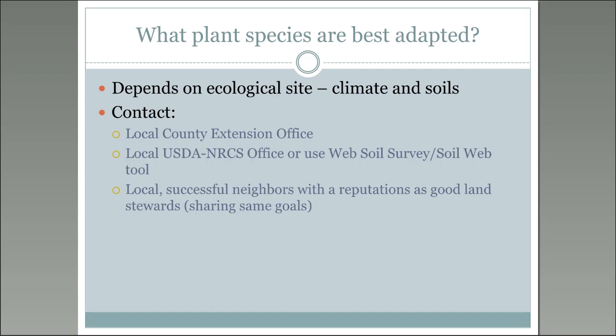Also, your local USDA NRCS office could help you, but they have that Web Soil Survey tool, or SoilWeb, which is the app accompaniment of Web Soil Survey. When you go into the ecological sites, it'll actually give you a list of plants you would typically find on that property. So that might be a good place to start as far as investigating what type of plants may do well. But keep in mind, when you purchase plants, you're purchasing a certain variety, and you want to make sure that variety is conducive for your area.